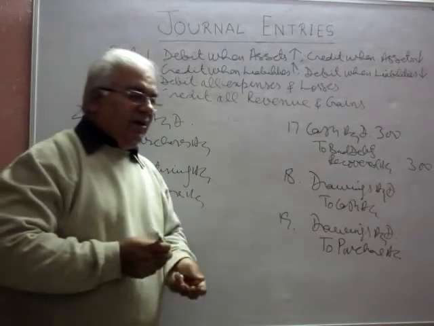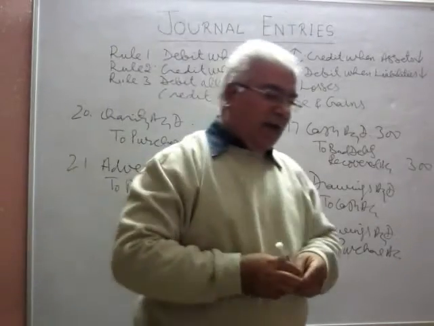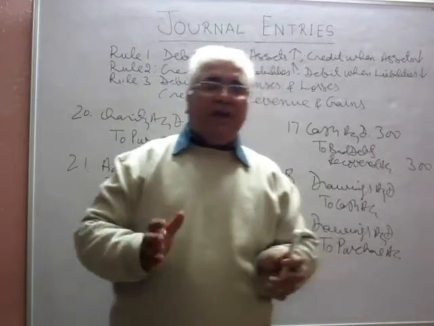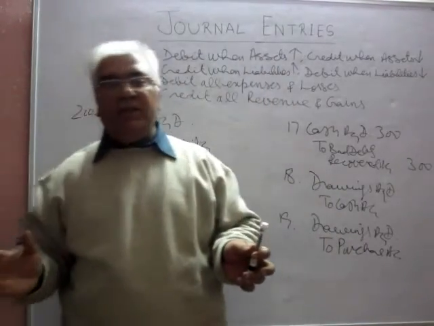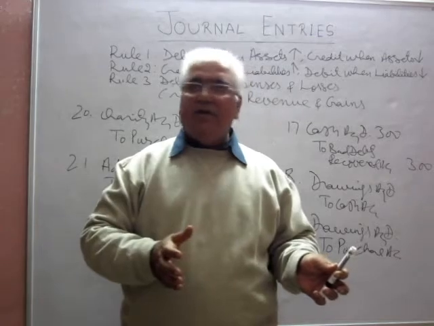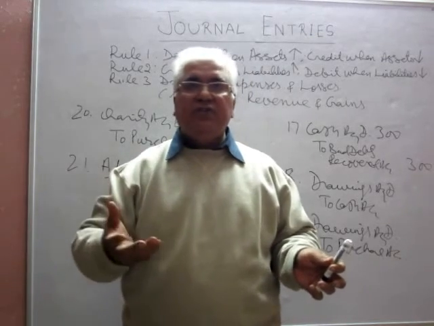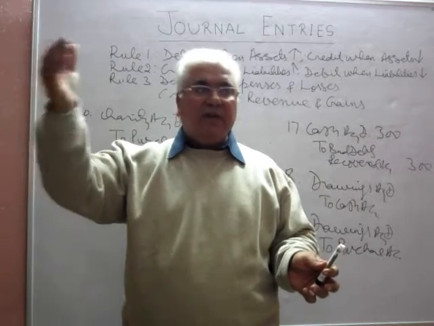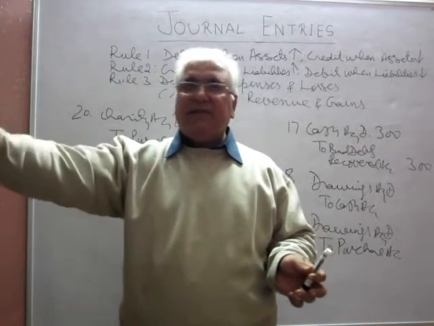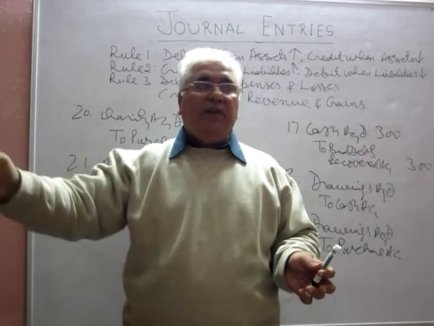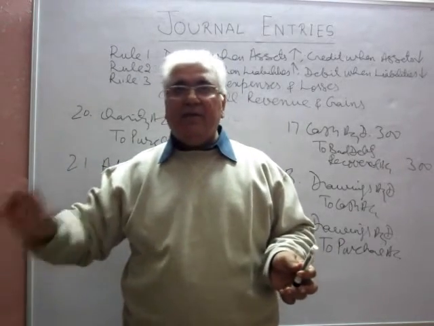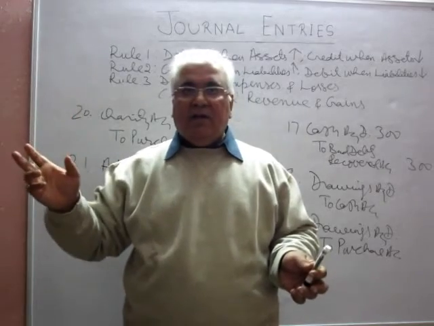Okay. Now again we can have another entry. Sometimes whenever we are installing machinery in the factory, we sometimes with our own resources make some building in our factory or in our showroom. For example, whenever we buy machinery, we may create a platform for it, we may do some wiring for it.